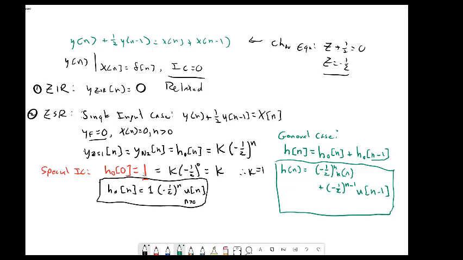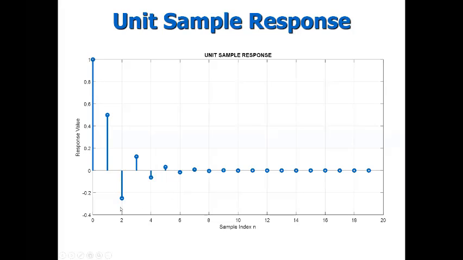If I have a higher order system, then I'll use other initial conditions, but those will use the standard initial conditions: h of minus 1 equals 0, h of minus 2 equals 0, and so on for the single input case. For that particular problem, if we plotted out that h of n sequence, it'd be 1, then minus 1/2, then plus 1/4, then minus 1/8, and so on, bouncing back and forth again, decaying off towards 0.